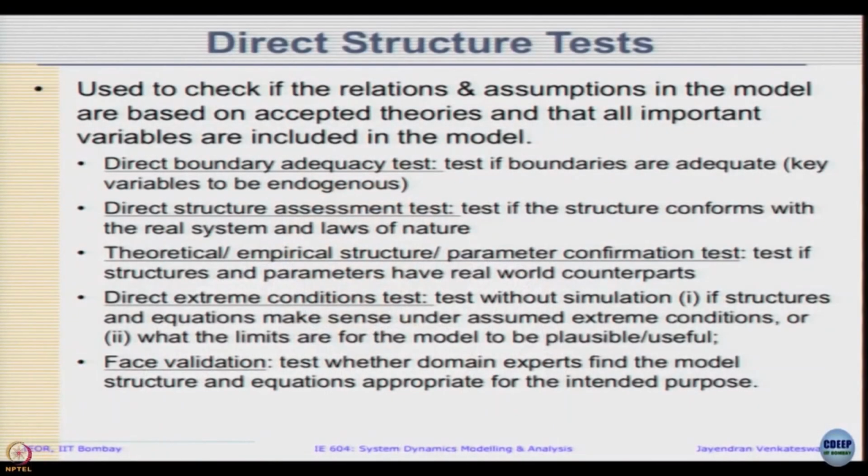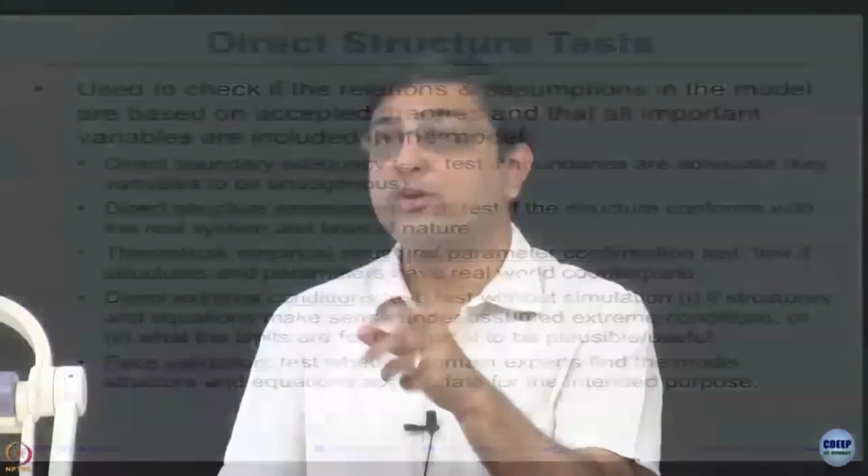First, a direct boundary adequacy test: if boundaries are adequate, that is, all the important variables are endogenous. So, if your system has no controlling parameters, nothing for you to control, then you have attributed all the problems to something external on which you have no control. That means you cannot improve the system unless that system externally changes for the better to affect you. So, that cannot be the reason, right?